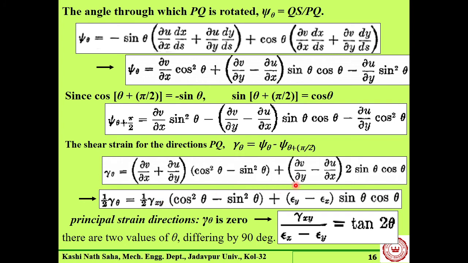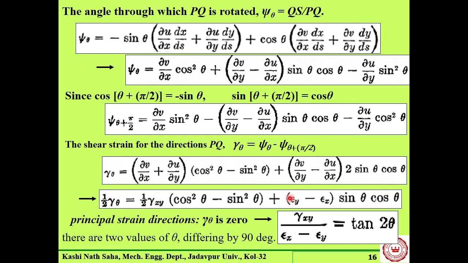And actually this quantity del v del y and del u del x, this is epsilon x and this is epsilon y. Okay, this is what we are getting as gamma theta. Actually what is represented here is half gamma theta. You can say gamma theta multiplied by 2 would be gamma xy.